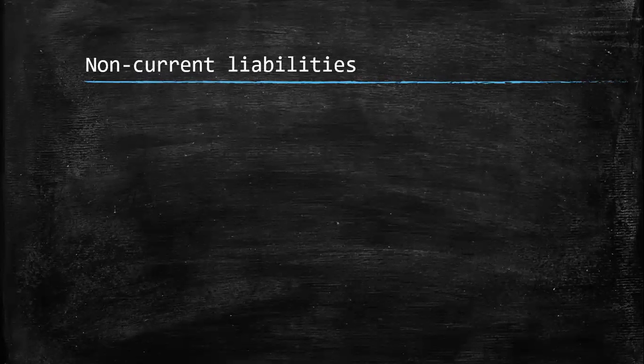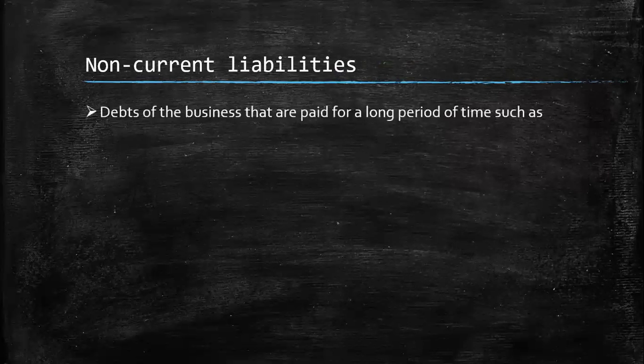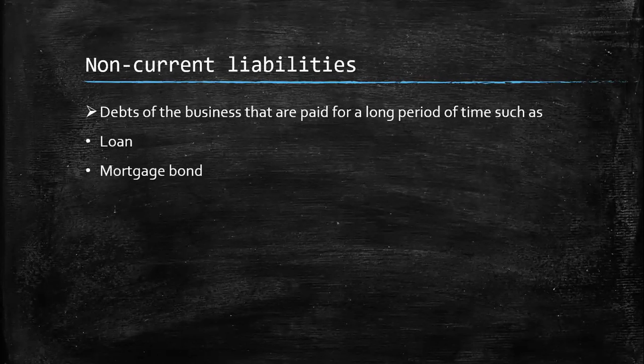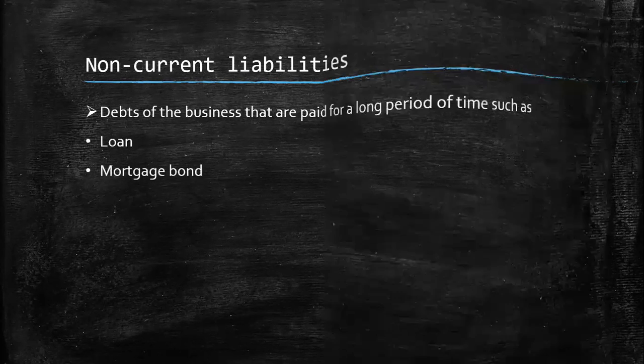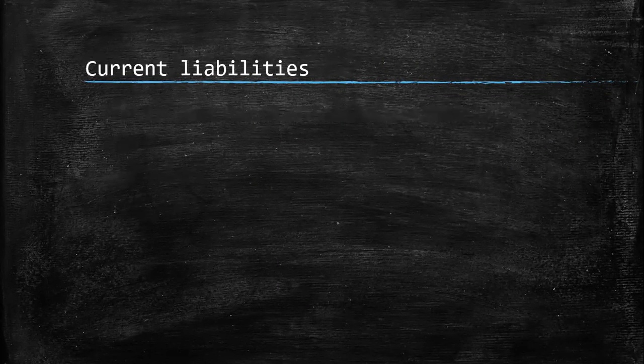We have two categories of liabilities: non-current liabilities, which represent the debts of the business that are paid over a long period of time, such as loan and mortgage bond. And then we have current liabilities.